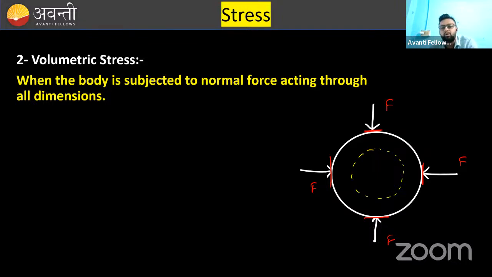This will be the new shape of the body, because from all the directions the body gets compressed. So this is volumetric stress. I think the name is clear.